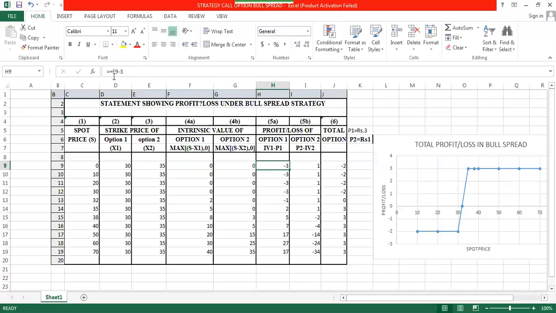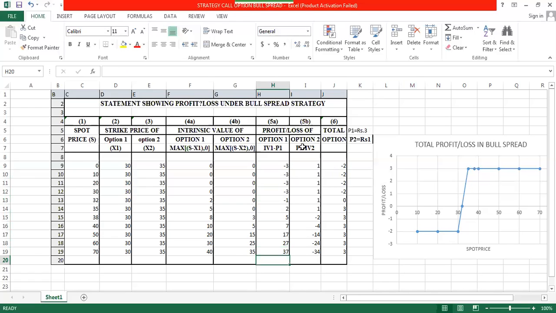The formula given here is F9 minus 3, where F9 is 0 and 3 is your premium figure, which is constant. If you consider this formula, you will observe that you are suffering loss up to row 13. After that, you have started making profit from option 1.